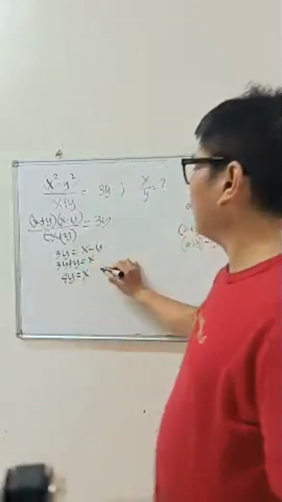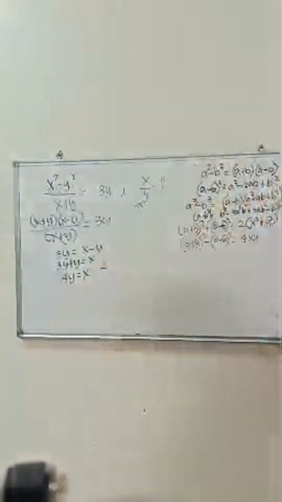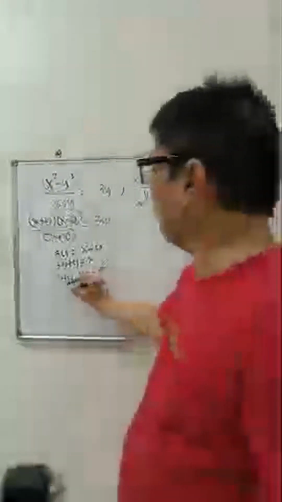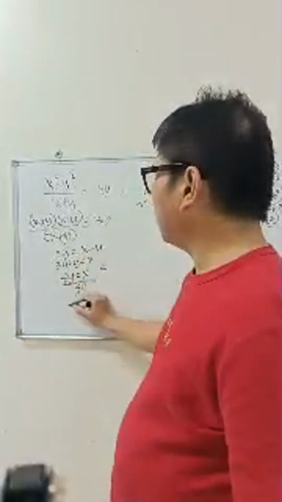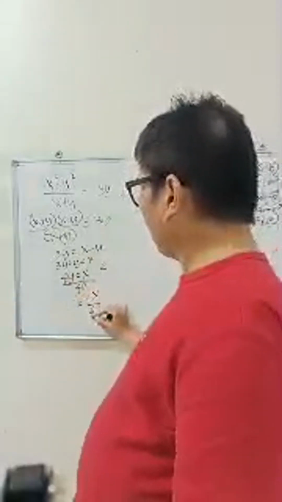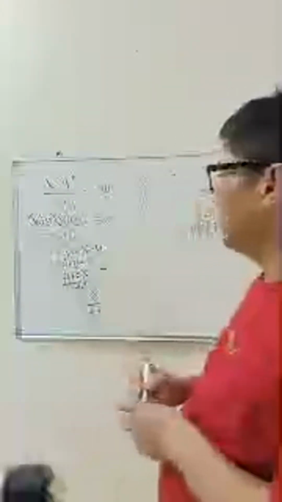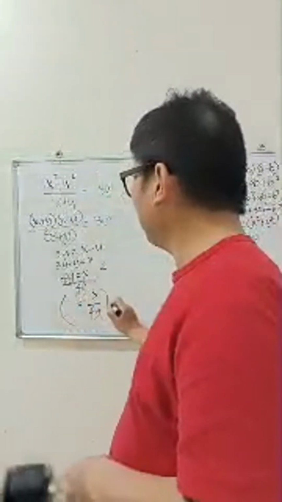Then you want this into the form x over y, right? So x over 4y: you divide this by 4y, so 1 is equal to x over 4y. And then you want this to be x, so multiply by 4y.